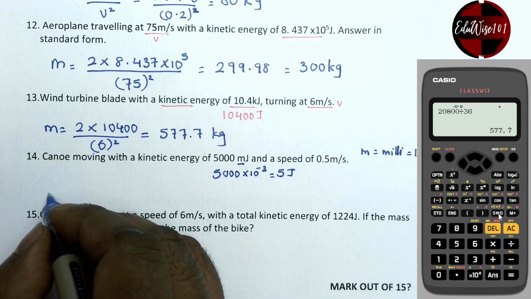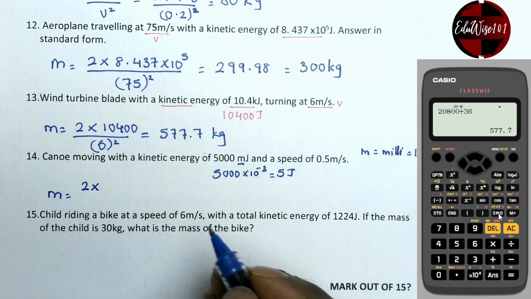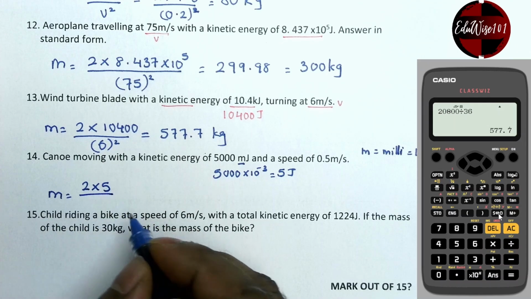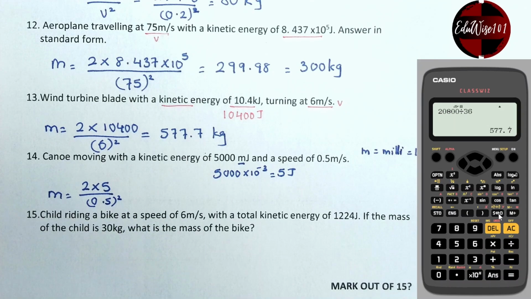So mass equals 2 times 5 divided by 0.5 squared. 0.5 times 0.5, that's 0.25.